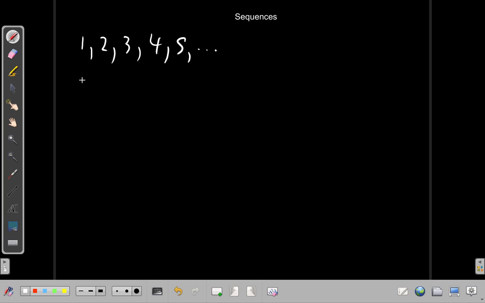Another example of a sequence that I could give you is, for example, suppose I have 2, alright, let me start at 2. 2, 4, 6, 8, 10, 12, and so on and so forth.